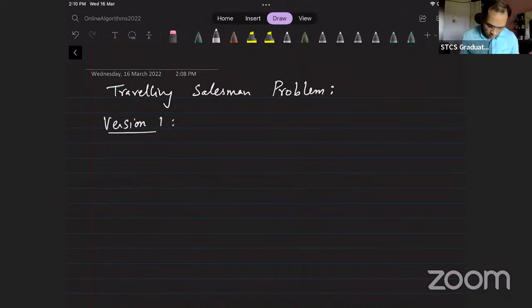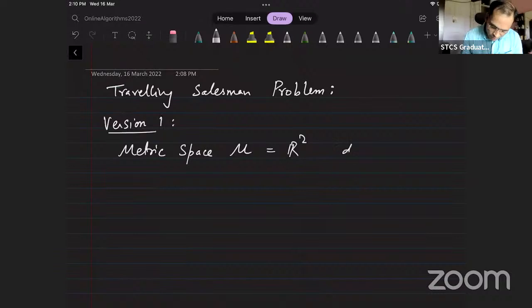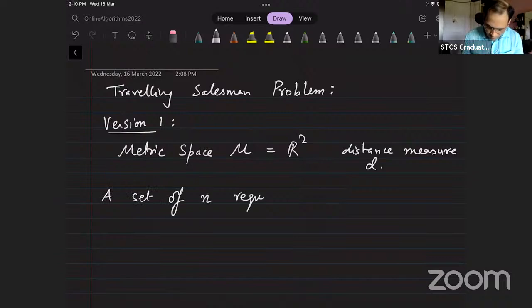Okay. So think of, you're given a metric space. If you want to not worry about it, just think of R2. And we have a distance measure D. All right. Now, a set of n requests are going to arrive.